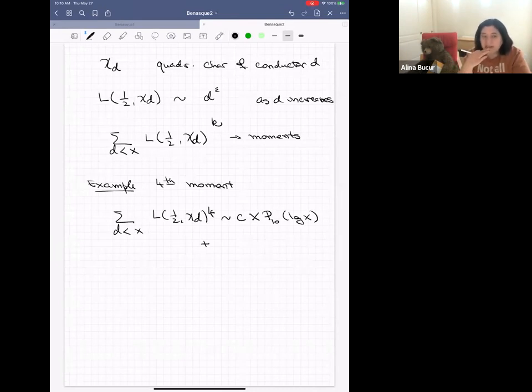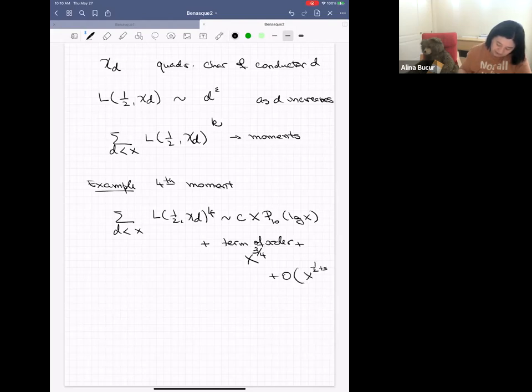There is another method that predicts these moments, called the multiple Dirichlet series, that gives you a term of order x to the 3/4. The name of the game is to get all the way to a half plus epsilon.